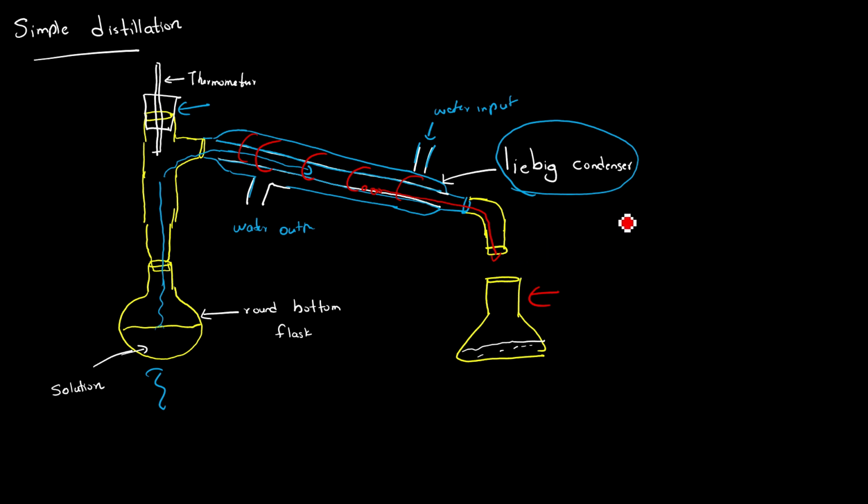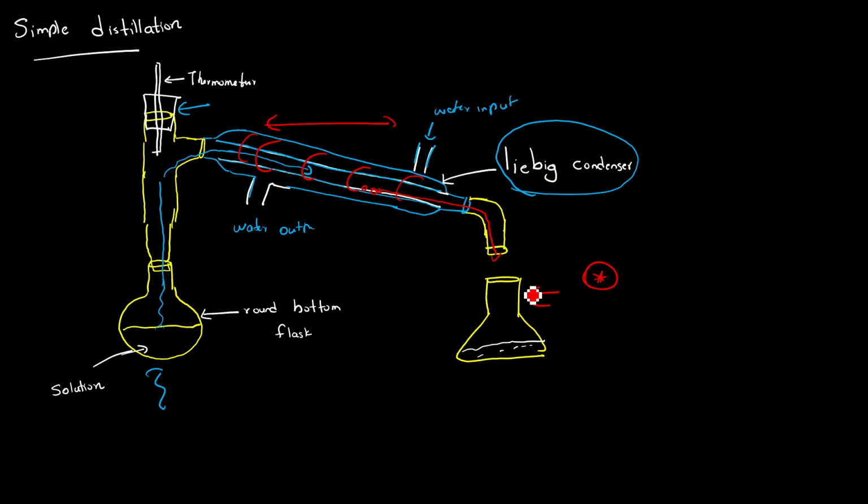Now there are several points you need to be very aware of when it comes to simple distillation. When you are doing it practically, you may find out it's not that simple, right? First of all, this angle: if you use it directly like this, it won't work.